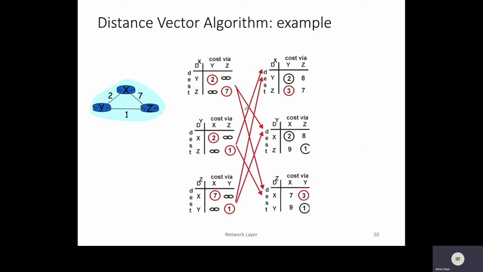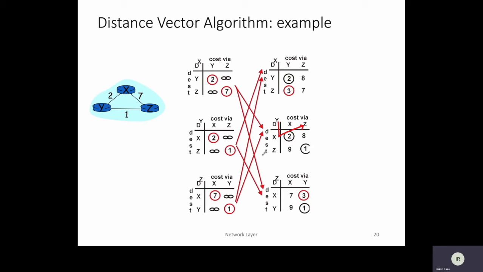So look at the table of y. This entry was already there, 2 and 1. So what has happened here? This is the cost to reach from y to x via z. So I can understand that this least cost change is because of the update message from z.